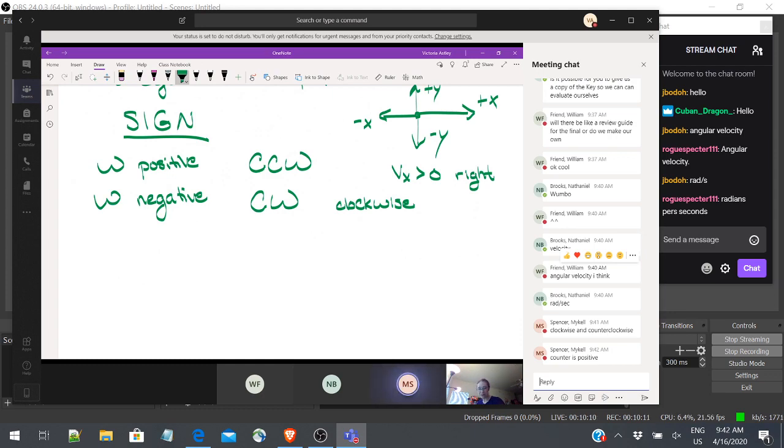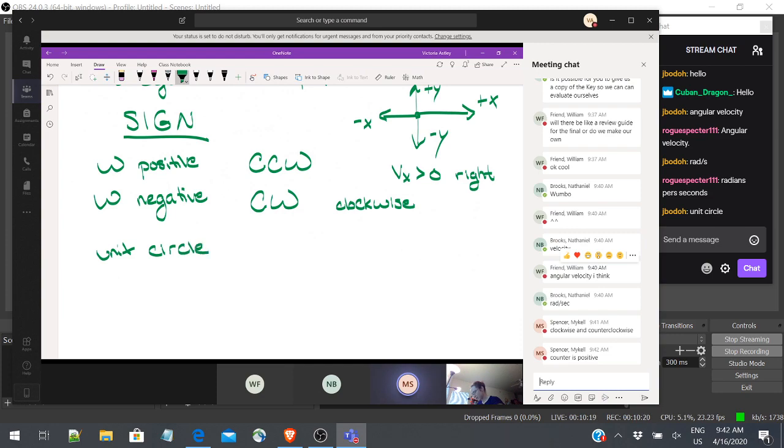So there's a couple different ways. One is to think about the unit circle. On the unit circle, you start at theta equals 0, and then as theta increases, you go to pi over 2, you go to pi, you go to 3 pi over 2.